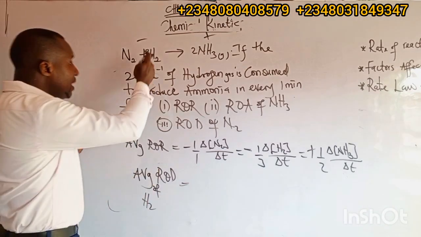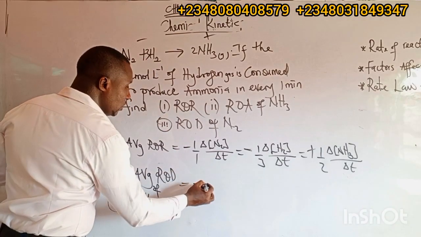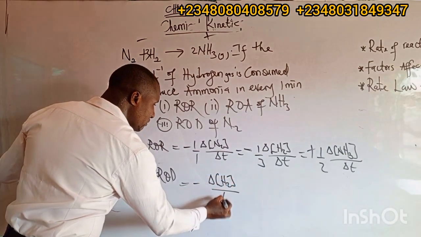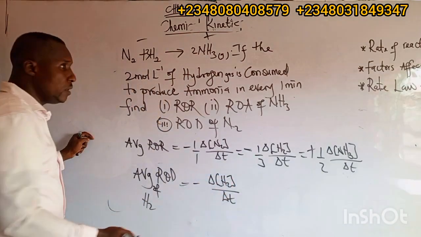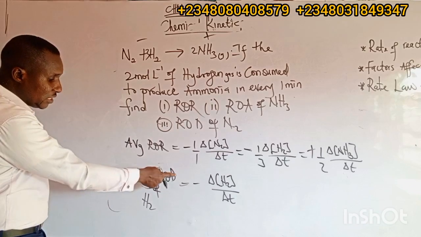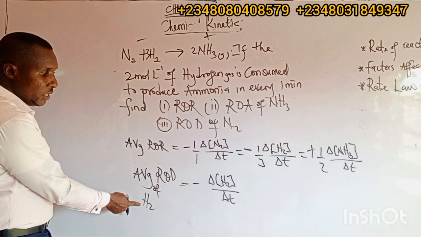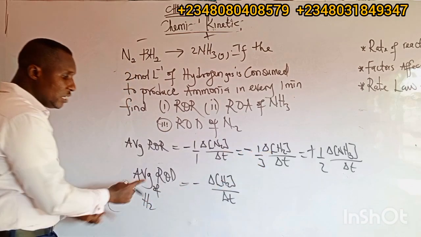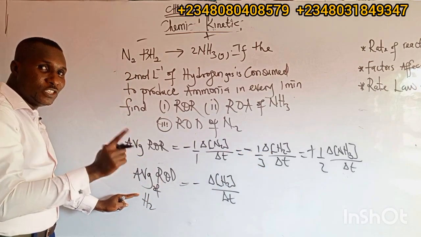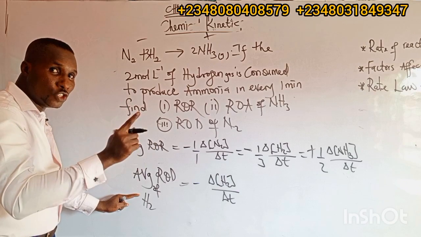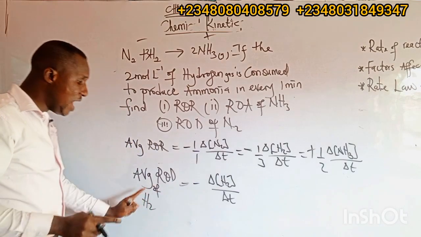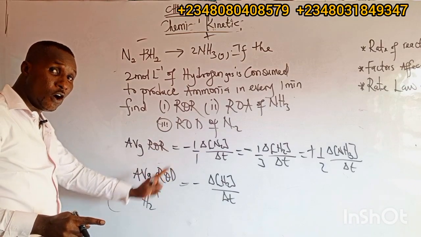From what I told you, it will be negative: change in concentration of hydrogen gas with respect to time. This is the average rate of disappearance of hydrogen gas. You don't need to divide with the stoichiometric coefficient. You don't need the stoichiometric coefficient for average rate of disappearance or appearance.